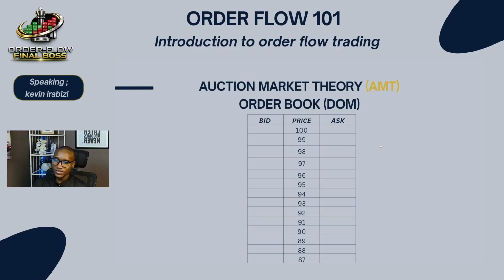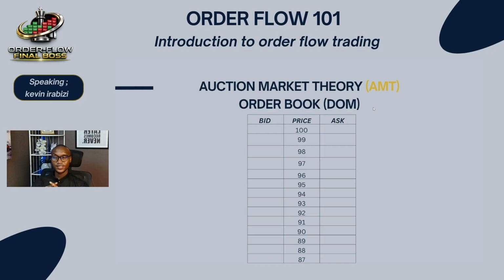I want you to focus and give me all your attention so I explain this concept to you. Okay, this is the depth of market or the order book. We said only limit orders or passive orders get placed in this order book, and you have 3 levels here. You have the bid, you have price itself, and you have the ask.